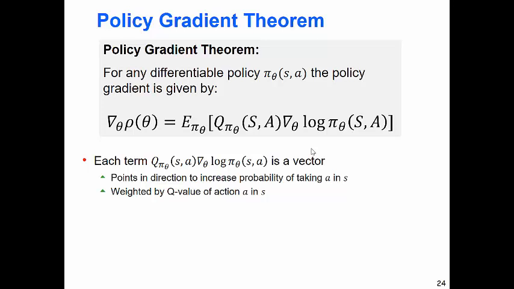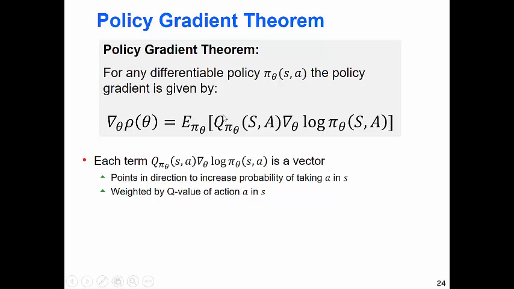I'm not sure how obvious it is, but this expectation, you could think of it as a big sum. At the end of the day, it's going to be a big sum over all the SA pairs that are weighted according to their probabilities of occurring. But each term in that expectation is going to look like this, right? Where S and A are concrete particular actions.